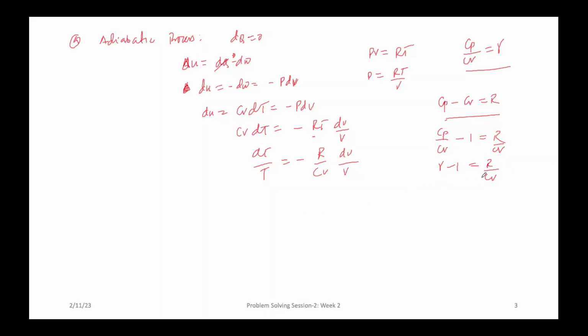So we can write R by Cv is equal to gamma minus 1.